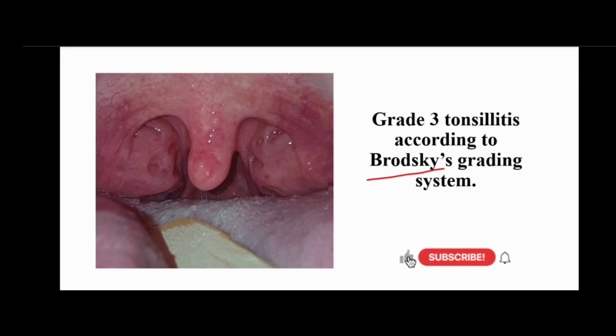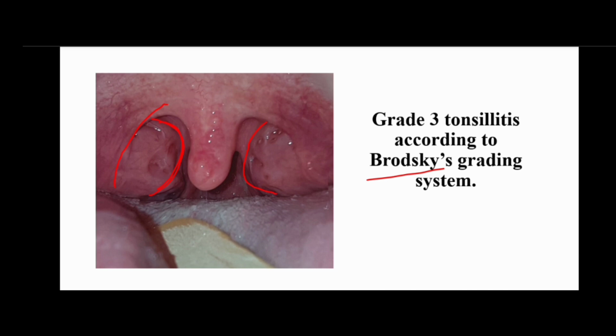Some professors grade by the anterior tonsillar pillar and medial surface of the tonsil, but most professors grade tonsils based on percentage, 25 percent, 50 percent. Here it is grade 3 tonsillitis because the medial surface of the anterior tonsillar pillar is lateral to the medial surface of the tonsil, and they are not touching each other.